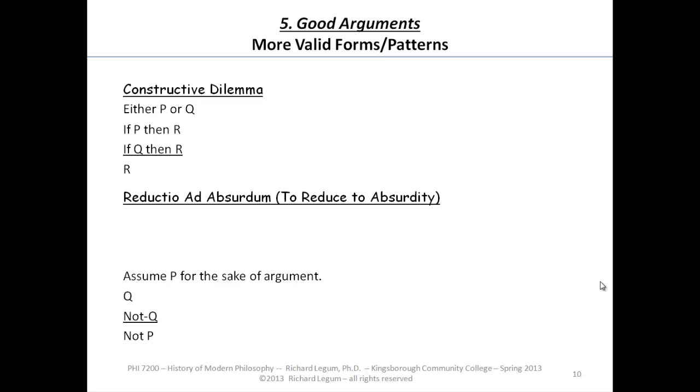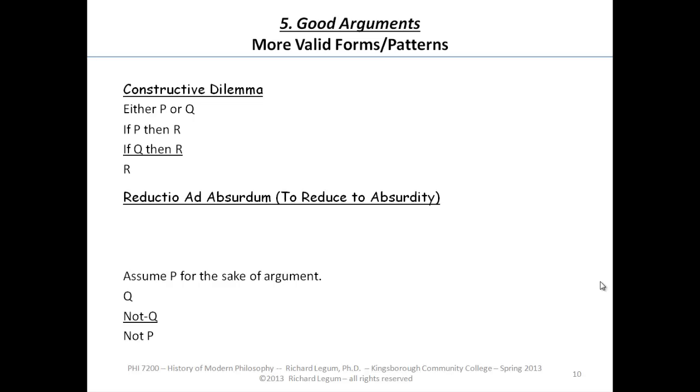Then you show that from P you can get to the conclusion Q, and you can also get to not Q. But Q and not Q is absolutely impossible. Therefore, what got you to this impossible situation is your assumption P, so the assumption has to be false. In other words, not P has to be true.